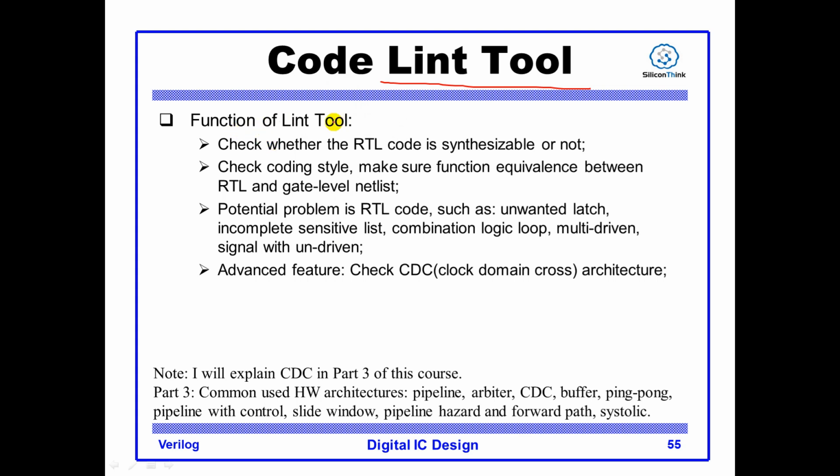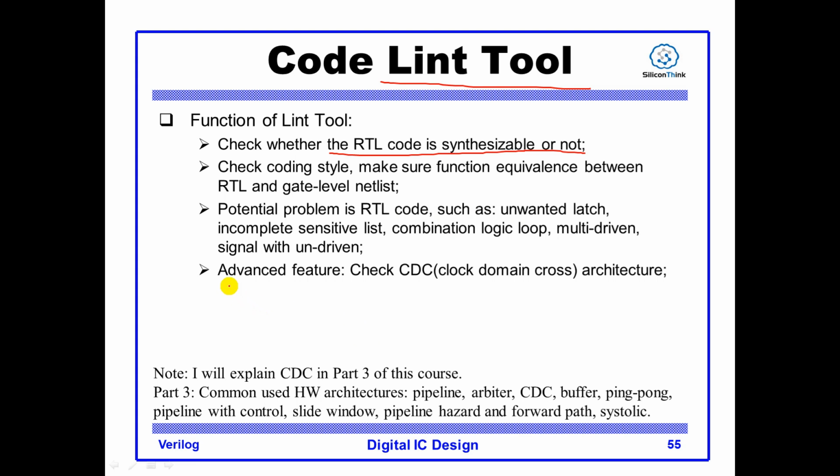So what's the function of the Lint tool? It usually will check whether the RTL code is synthesizable or not. It will check your coding style and make sure of function equivalence between RTL and gate level netlist. And it will check the potential problems in your RTL code, such as the problems I have mentioned before.